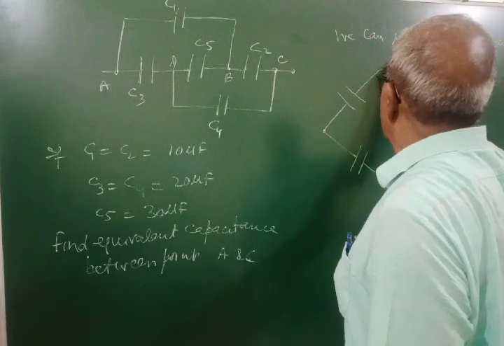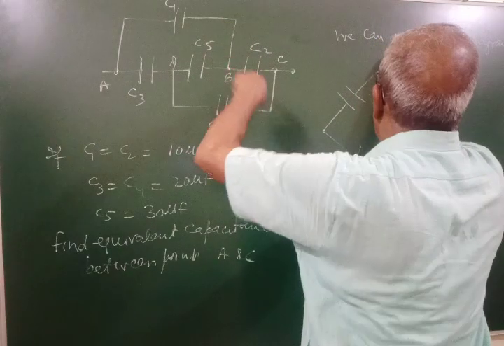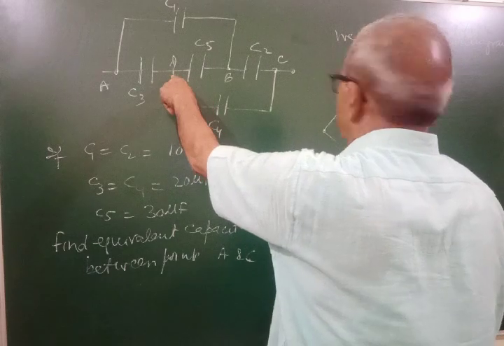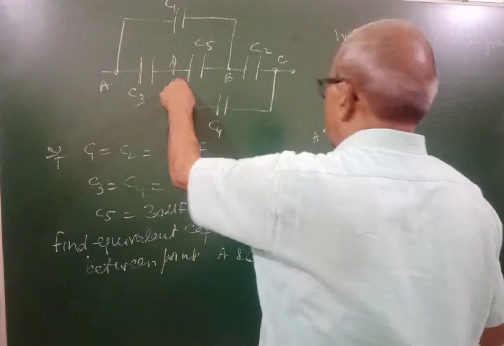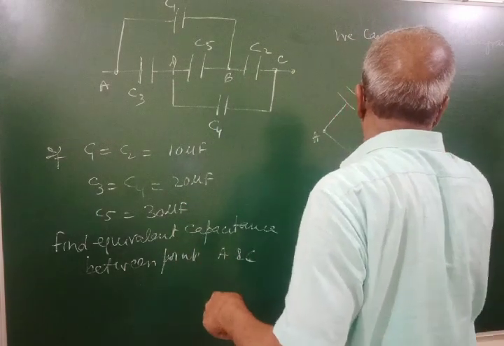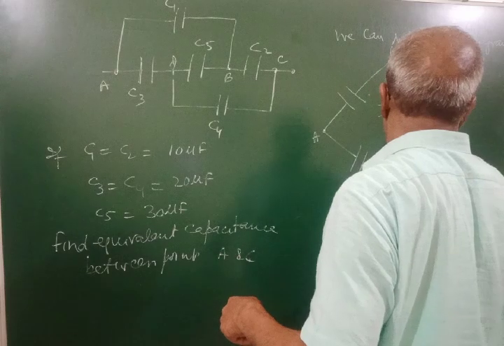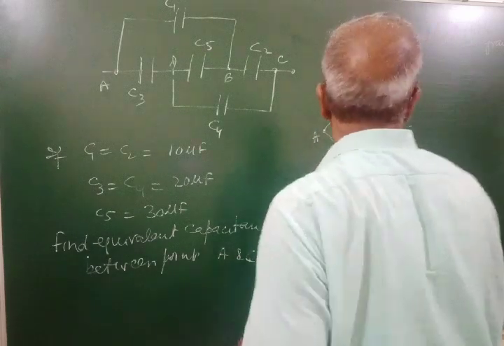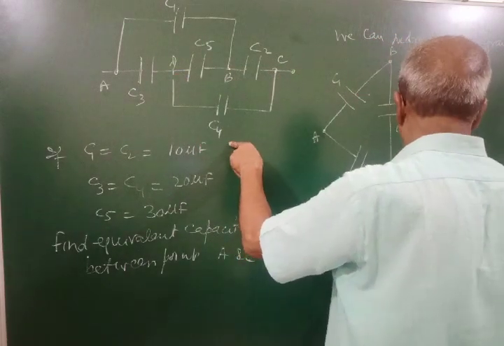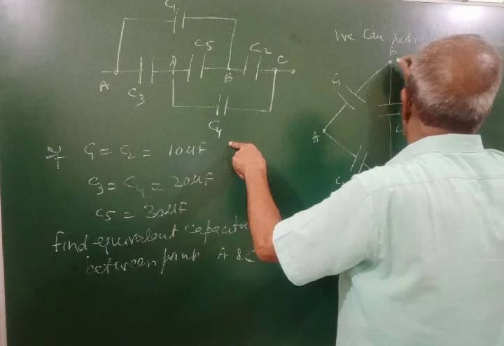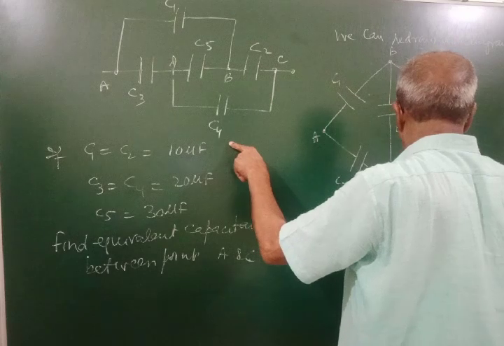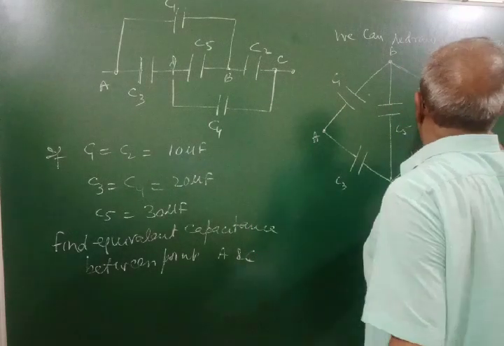So it is point B here, between B and D is C5, this C1 and this C3, between B and C and D and C is C4, and between C this is C2 and C4.